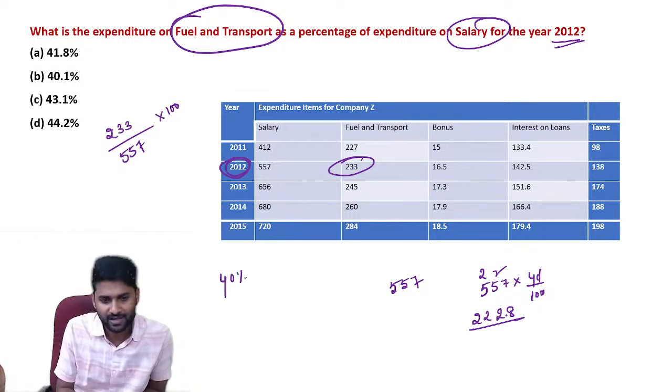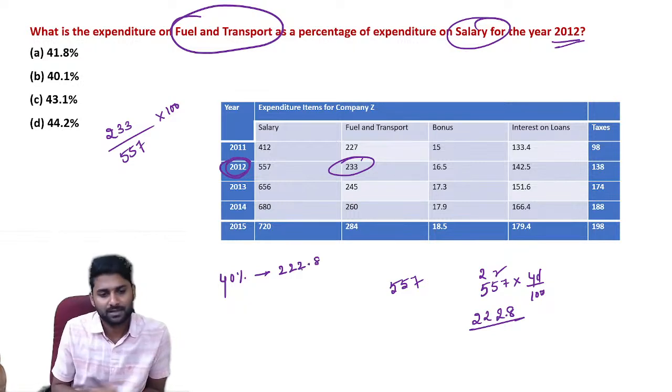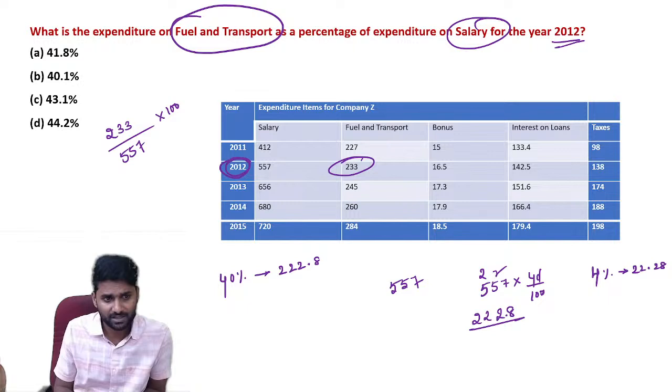40 percent value is 222.8. What about 4 percent value? 4 percent is 22.28, right? If you add 22 units, the total value becomes 244. So definitely it is not 44 percent. Let's check with the 2 percent value. 2 percent of this value is 11.14. If you add 11 units, 222 plus 11 is 233.